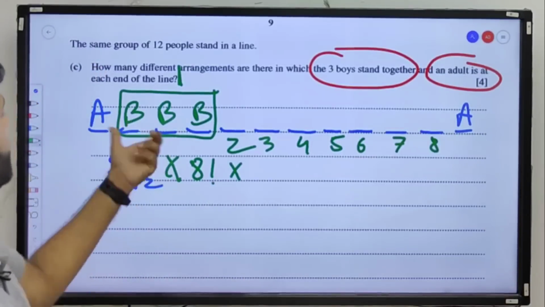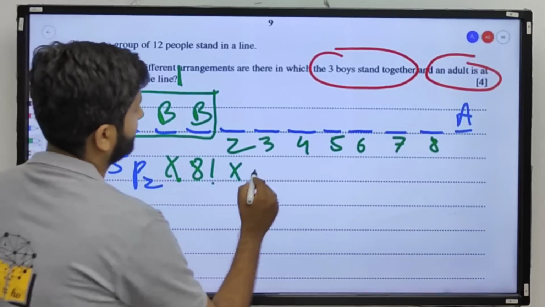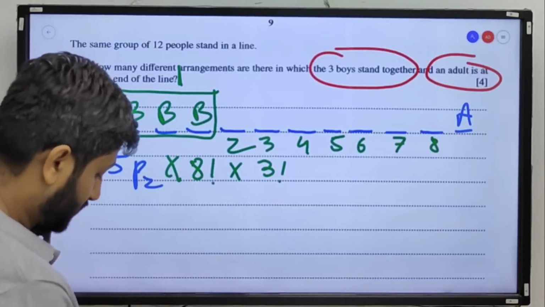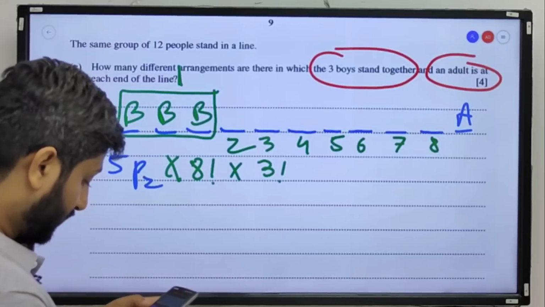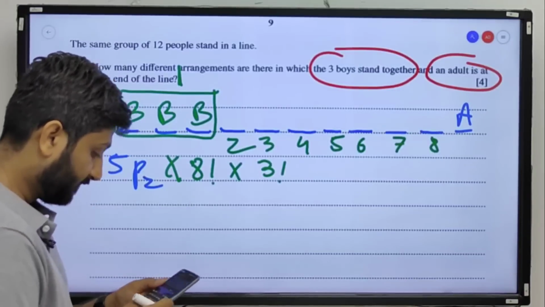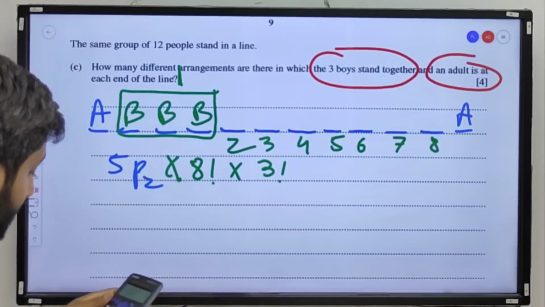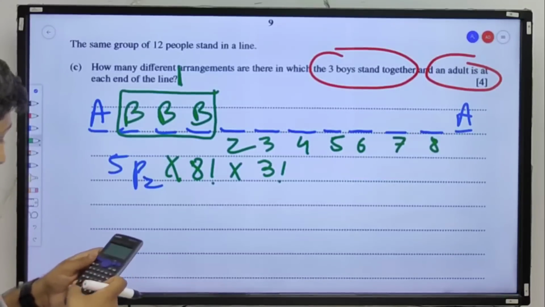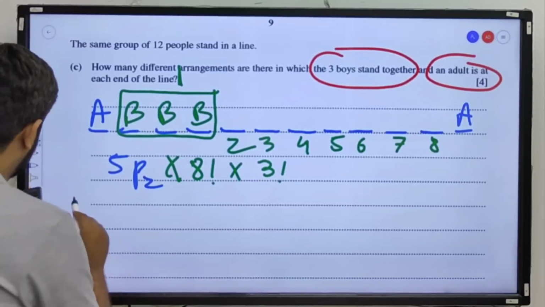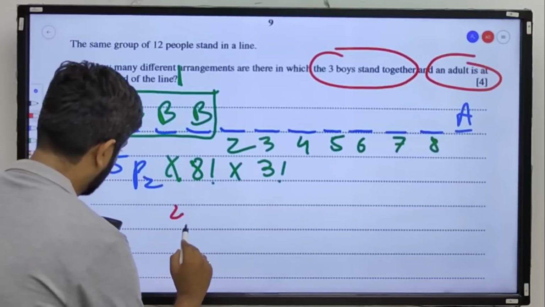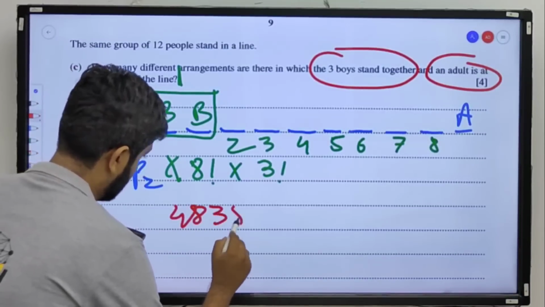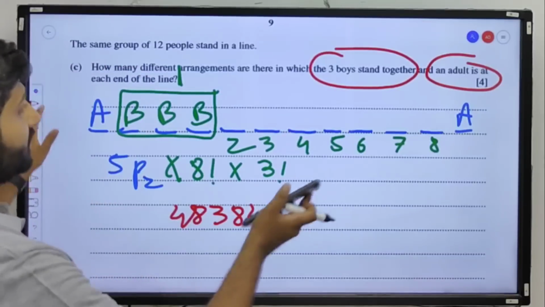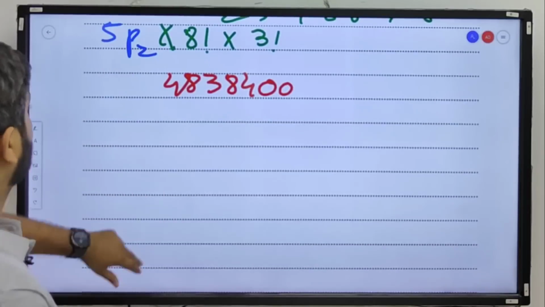And for the 3 boys, this is 3 factorial, because the boys can also be arranged. So 8 factorial into 3 factorial into 5P2, and the final answer is 4838400. Right? Very easy question which has 4 marks.